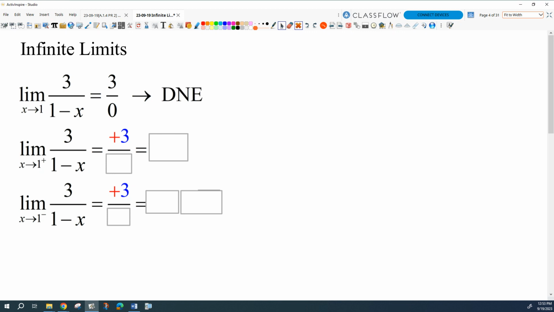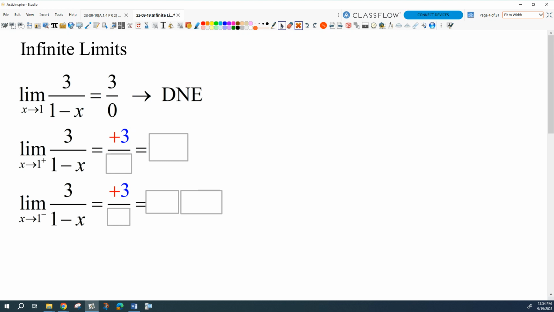Okay, we could maybe go further, though, by exploring the two one-sided limits to see if at least we get consistent behavior. So what happens if I approach 1 from the right? I'm getting positive 3 on the top. What am I getting on the bottom? What's 1 minus 1 plus? I'm subtracting a number slightly bigger than 1 from 1.